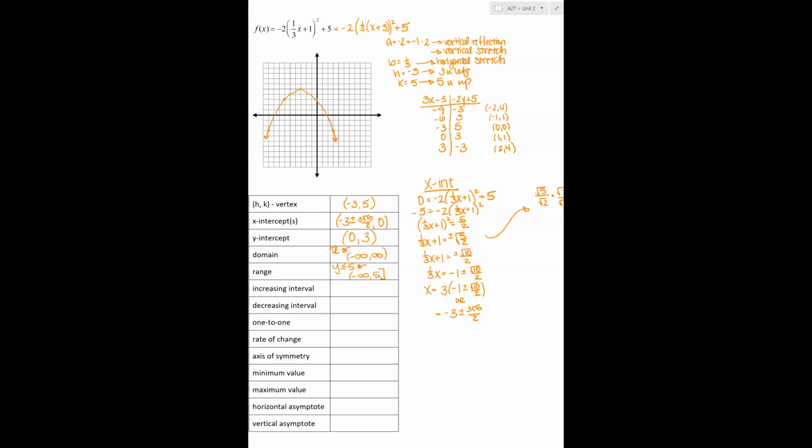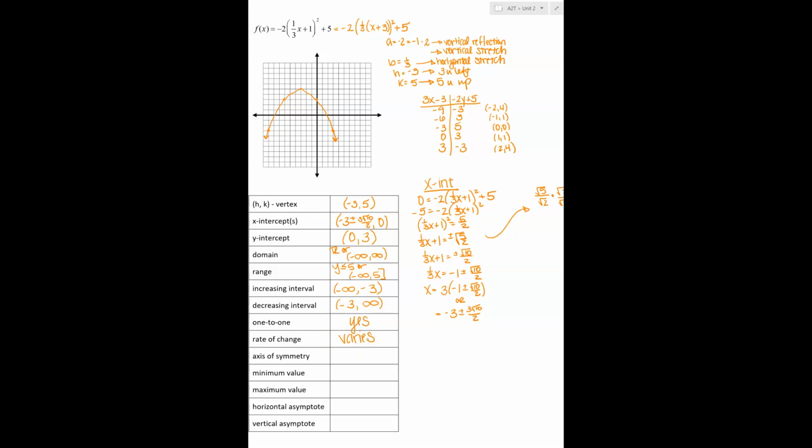Now, since this is opening down, it's concave down, it has a vertical reflection, our graph is going to increase first. So we say from -infinity to -3, and then from -3 to infinity, it's decreasing. We address whether our y values are increasing or decreasing in relation to x. Okay, so that's why we use our x values. Yes, it is 1-to-1, varies for our rate of change.